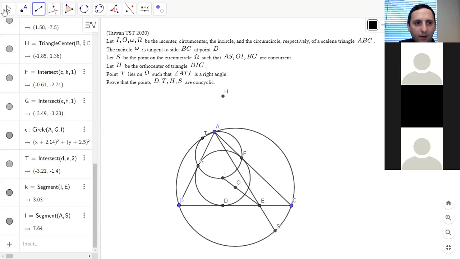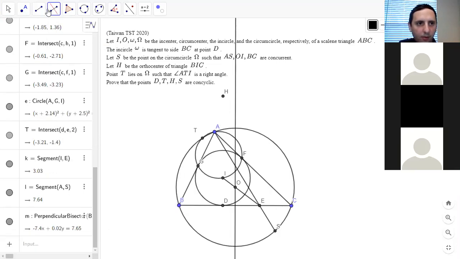Okay, so I think TD passes through the midpoint of arc BC. You could check that. So here's the midpoint of arc BC. So I think AI and TD both pass through it.